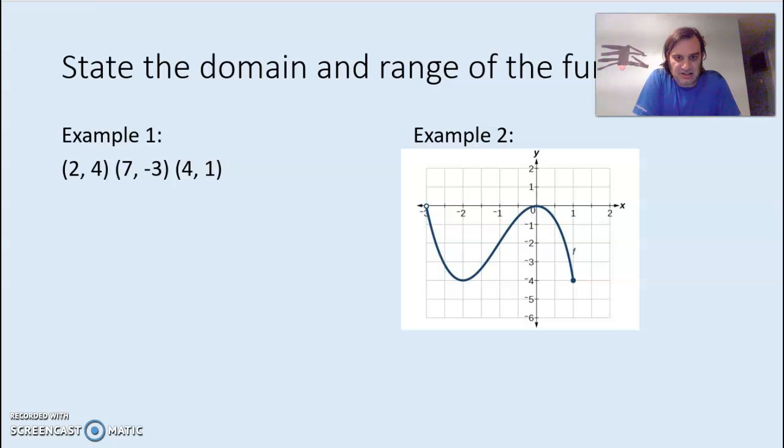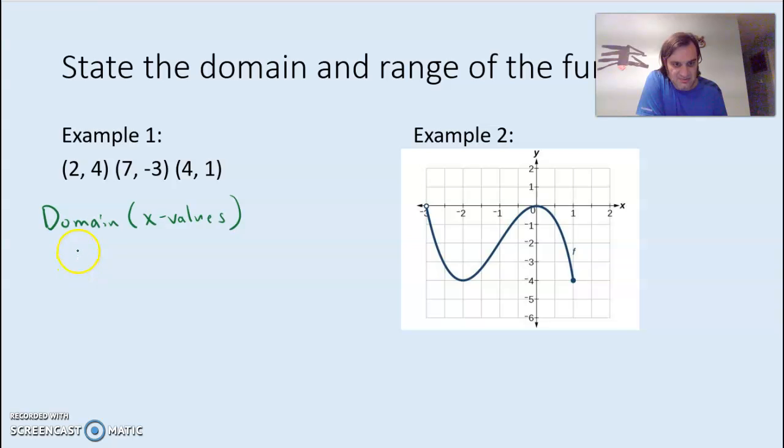So here, state the domain and the range of the functions. We have two examples. The first one over here is a collection of points. The points are (2, 4), (7, -3), (4, 1). So remember, the domain are the x values.